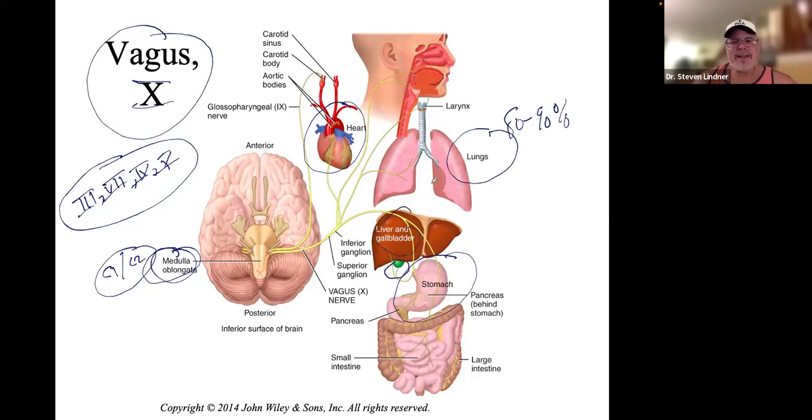These parts may not function at 100% optimal. Maybe they're functioning at 70%. So if they're not functioning at full capacity, there's a degree of dysfunction. And what diseases are is putting a name on that dysfunction.